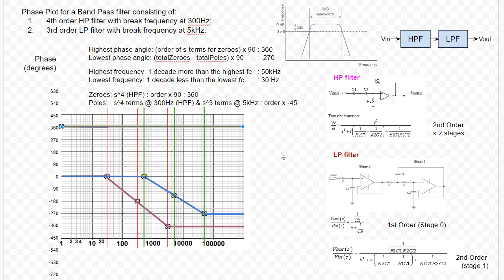Control down, control down. Ah, yes. There you go. All right, so that's the resultant.